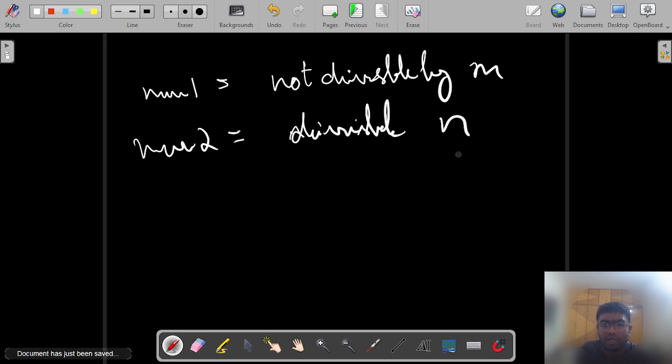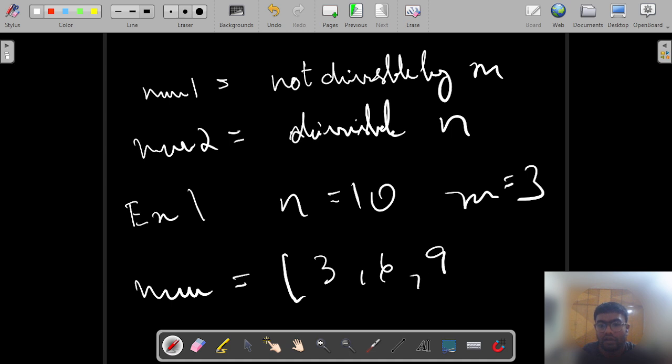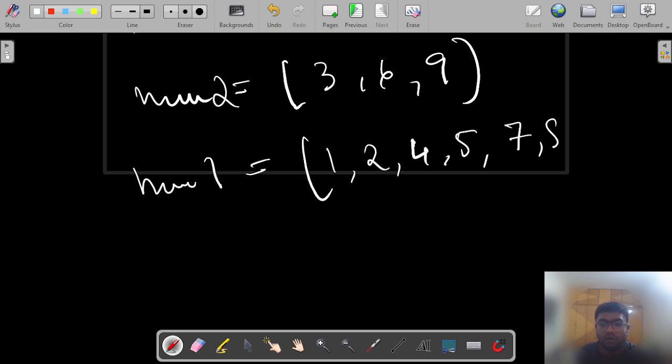If we look closely at our example 1, where n is equal to 10 and m is equal to 3, nums2 was 3, 6 and 9, and nums1 was the rest. So the missing elements here are being put here, right?